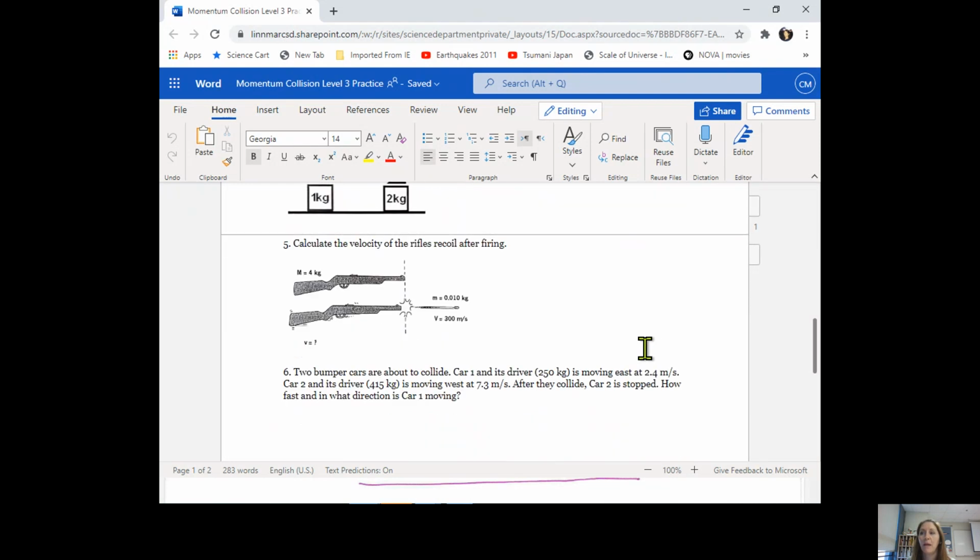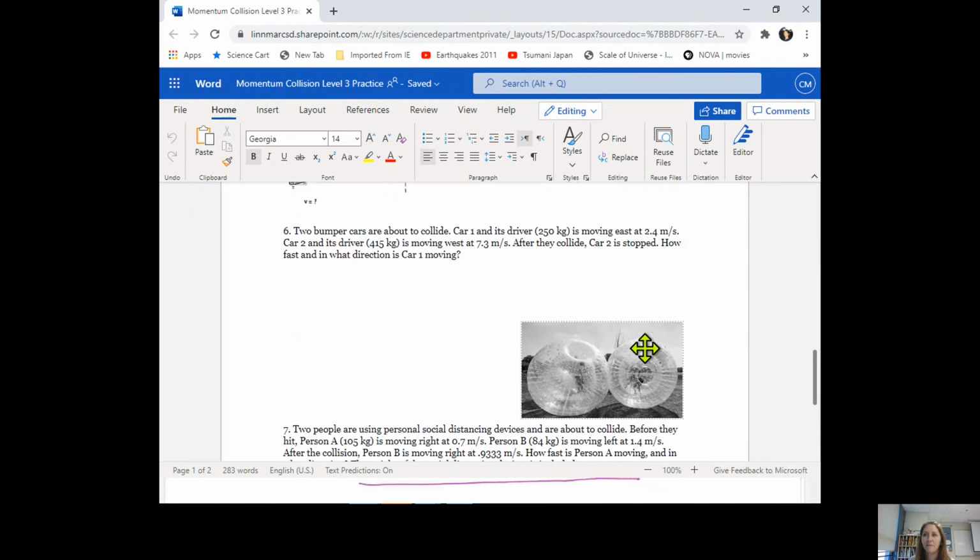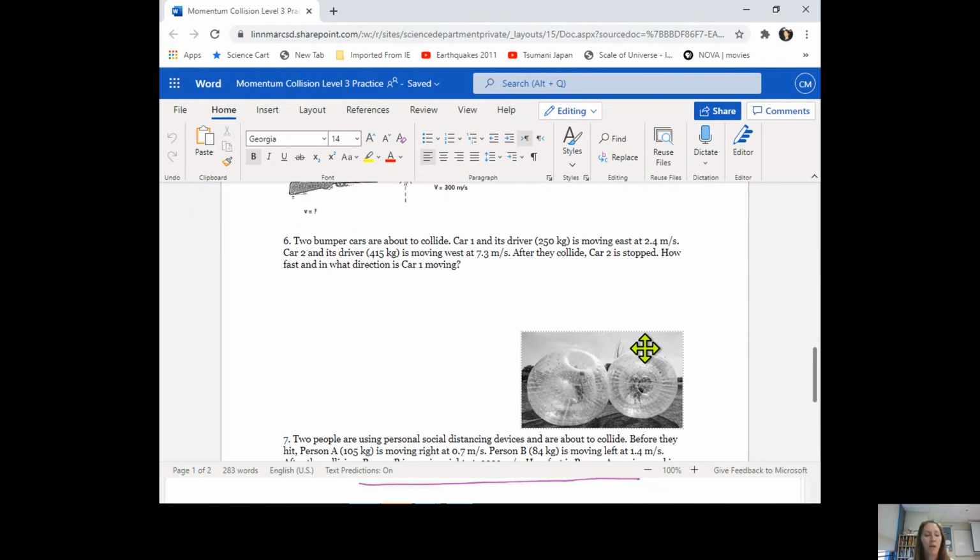Let's look at number 6. Two bumper cars are about to collide. Car 1 and its driver, 250 kilograms, is moving east at 2.4 meters per second. Car 2 and its driver, 415 kilograms, is moving west at 7.3 meters per second. After they collide, car 2 is stopped. How fast and in what direction is car 1 moving?